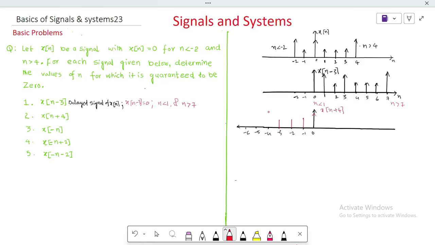The value at n equal 0 appears at minus 4. Then the small and bigger ones follow.